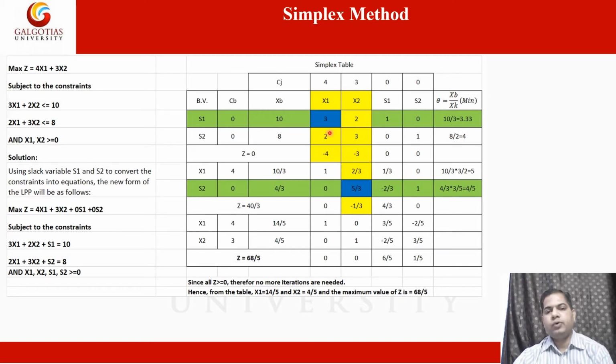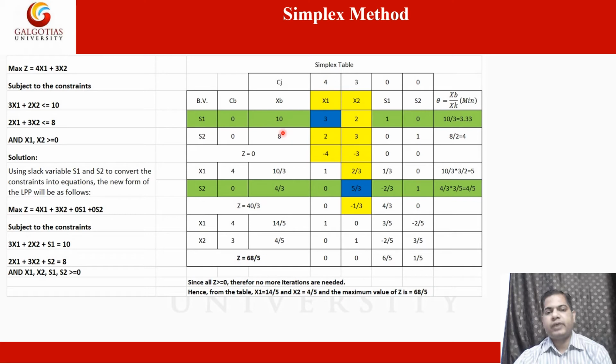Now I have to make this 2 as 0 with the help of this one. I can use the matrices concept of row operations, or I can use another concept which has a formula to find the changed value. If you make this value 0, then 8, 3, 0 and 1 will also be changed.